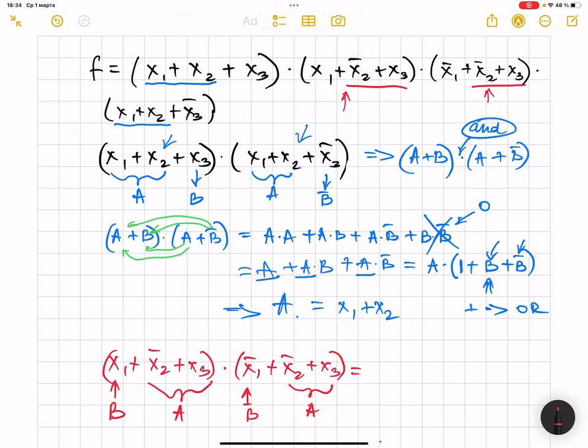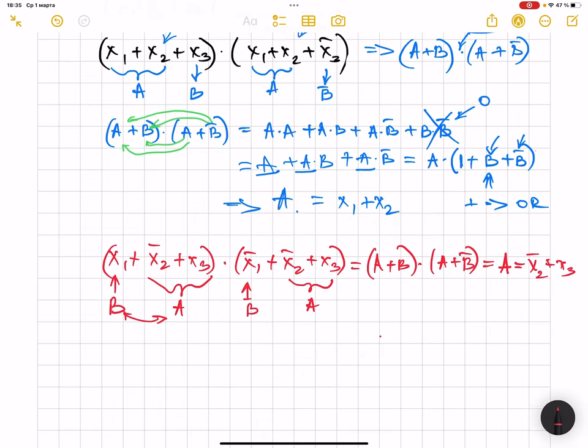Let's change the position of these two variables, since the sum is not changed, right? So we multiply a plus b by a plus b bar. We know the result is a, and a was x2 bar plus x3.